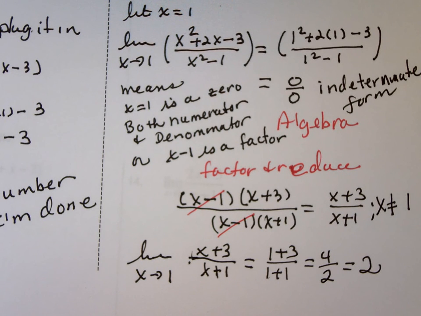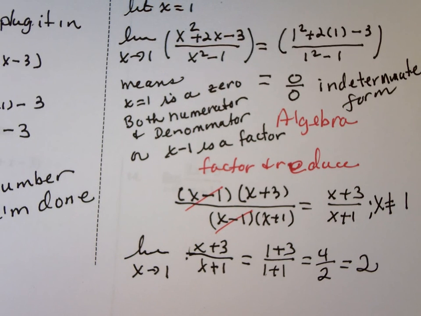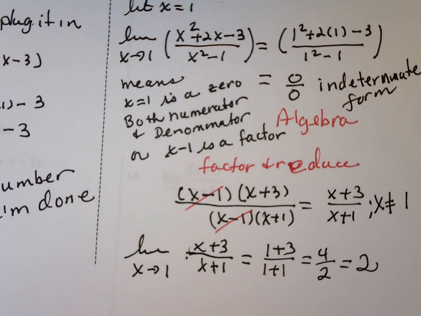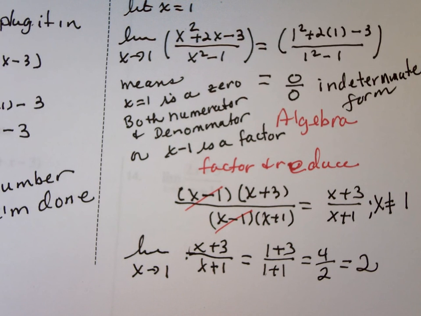So what I was able to calculate is the y value at that hole, and it is 2. So we can say that the limit is a y value at the desired x value, and then I have to put the words, if it exists. And we're going to be talking about existence and non-existence.